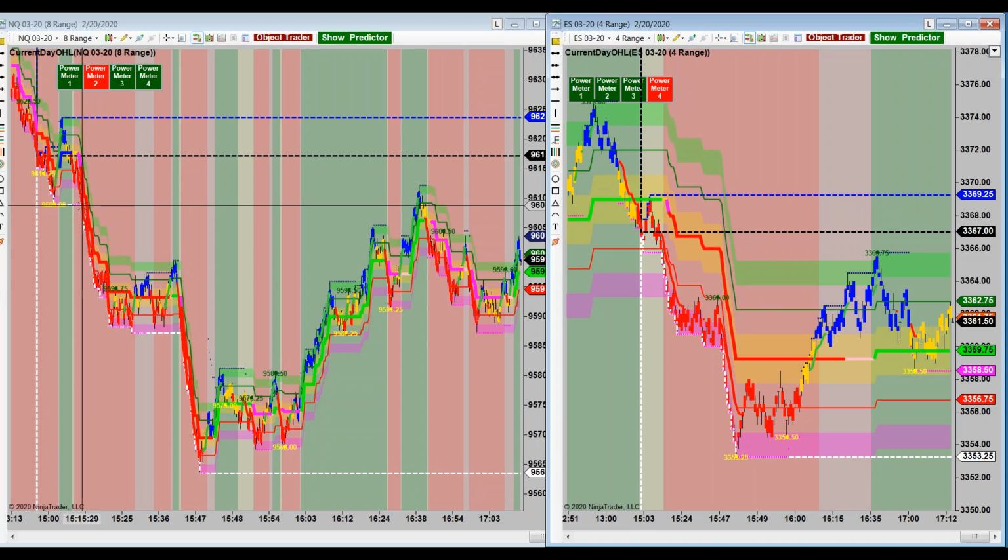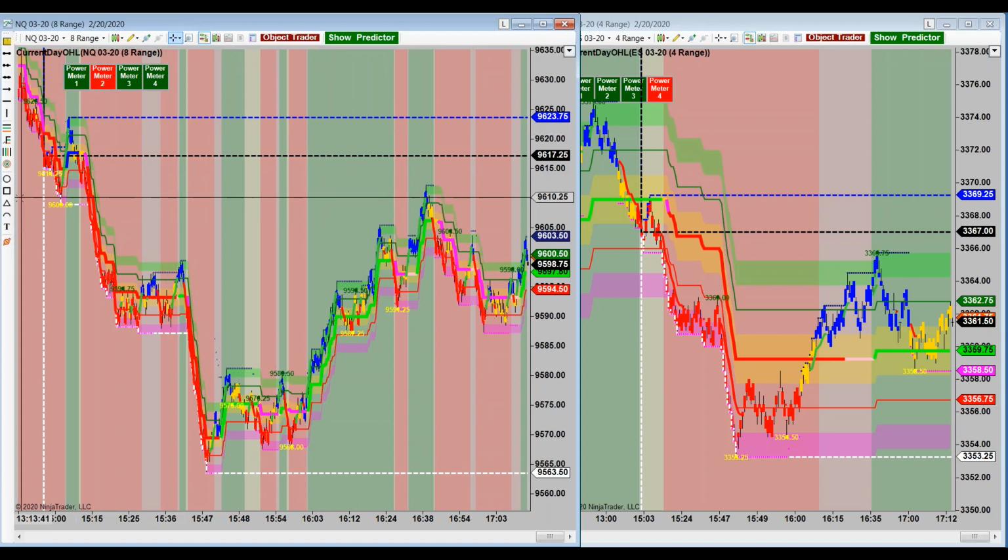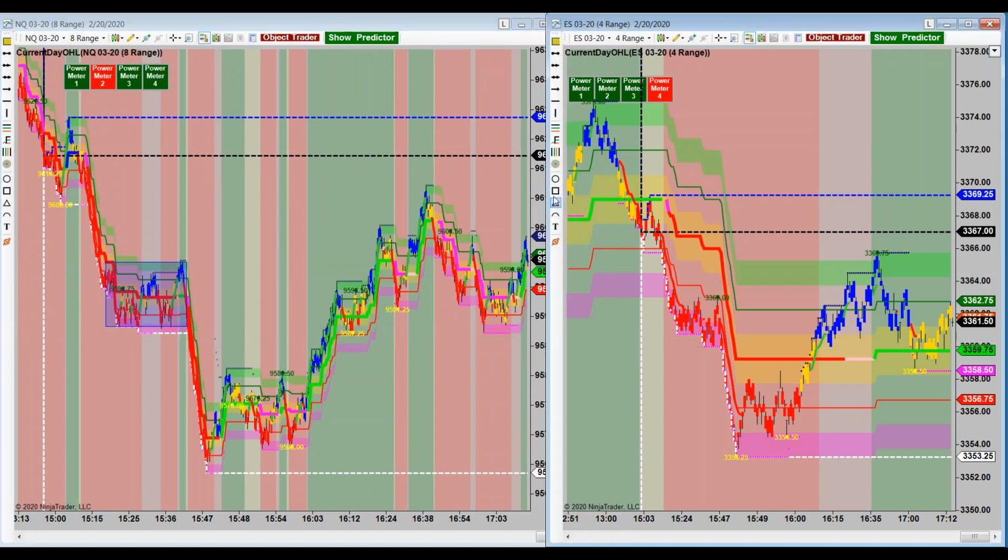Here's something else that would have helped you a lot. Can you see this consolidation patch right here around 15:30, 15:36 on the left? This large, chunky thing, and then it broke down at 15:47. That big consolidation patch on the left equates to this tiny little consolidation patch on ES, where it just kind of sat right here.